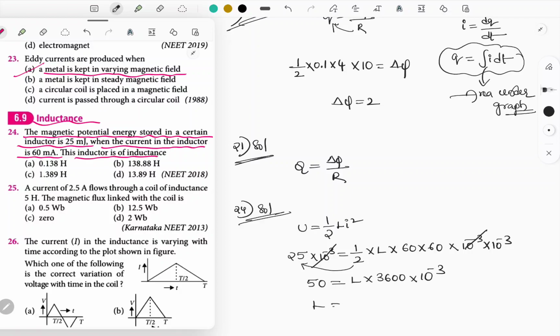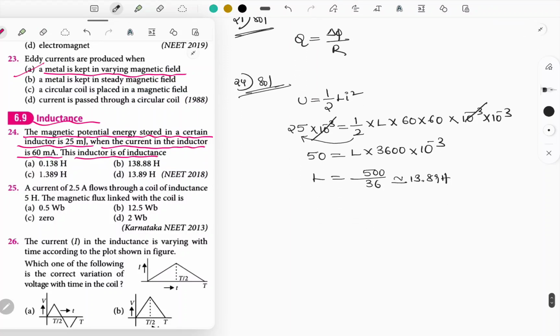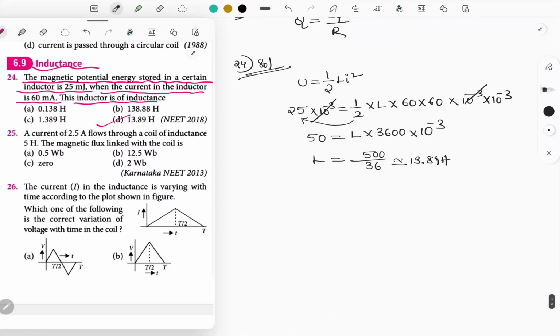Then finally it can be written as 500 by 36. 500 by 36 is approximately 13.89 henries. So which option? Option D is the correct answer. Got it? Okay, let's move on to the next question.